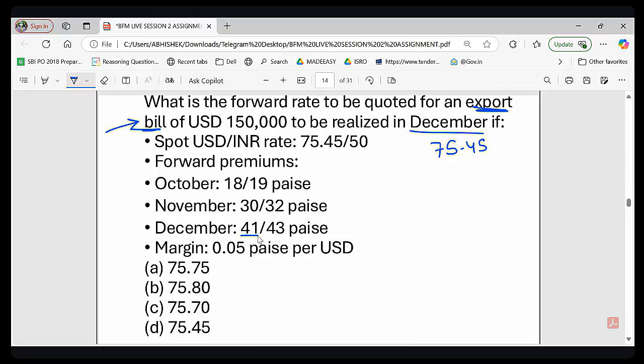The lower number, that is 41 paisa, or the higher number, that is 43 paisa? Since it is clearly a premium, we need to add the premium. We know it very well. So which one should we use, 41 paisa or 43 paisa? Think and let me know.